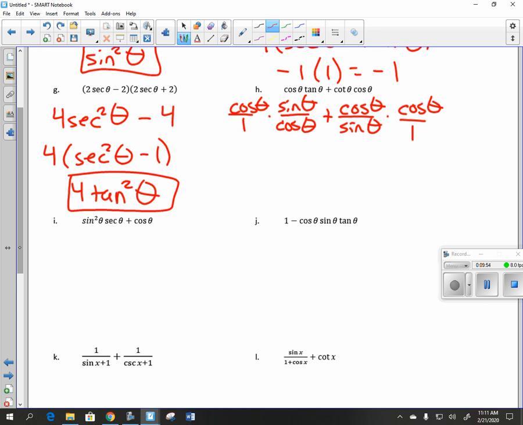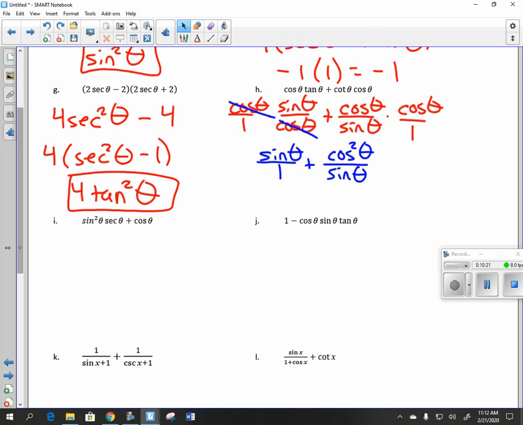Okay, the cosines cancel. That seems like a decent thing, but there's something else that happens that's really good. I get a cosine squared. Like, that makes me happy. I like to get squares. And so I have sine of theta over 1 plus cosine squared of theta over sine of theta. And now I pause because I'm just looking at it, like, holy cow, what do I do next? And I recognize I got this cosine squared.